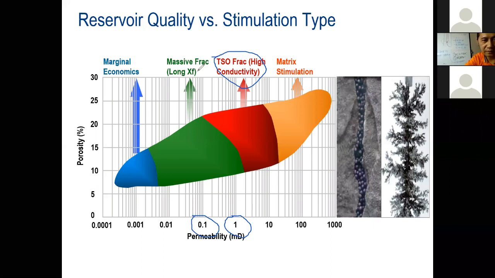It's a long frac, aiming to go deeper into the reservoir and improve your reservoir contact. And last but not least, which we are on the way to, with the shale gas and shale oil frac initiated in the US, Barnett Shale, you are in the marginal economy and approaching nanodarcy formation or reservoir, right?